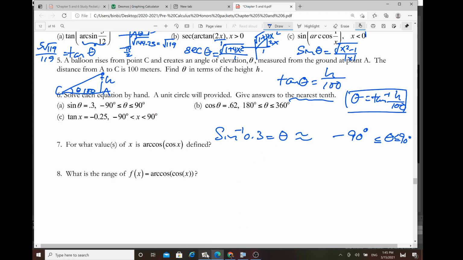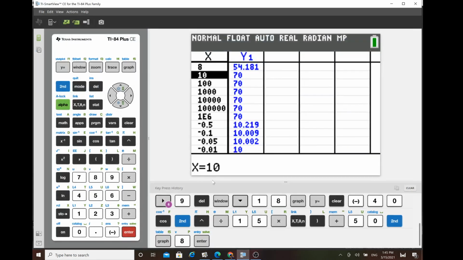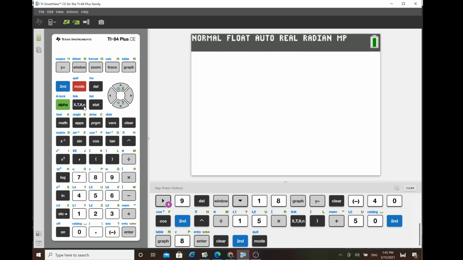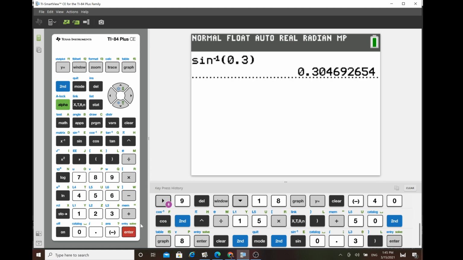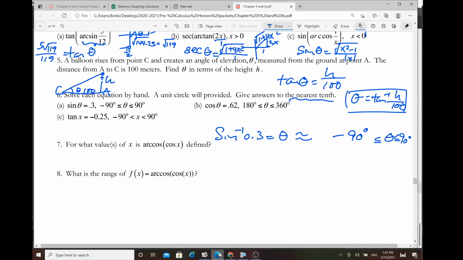So inverse sine of 0.3. Again, it's a positive ratio, so it runs between negative pi over 2 and pi over 2. So right here, the angle is about 0.304 or 0.305. We have to round it to the nearest tenth, so it's 0.3 radian.